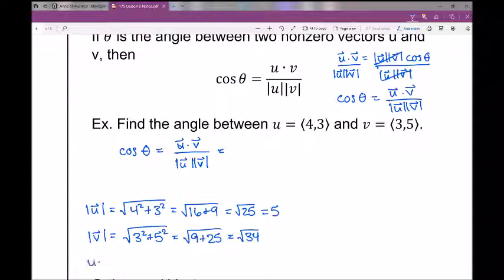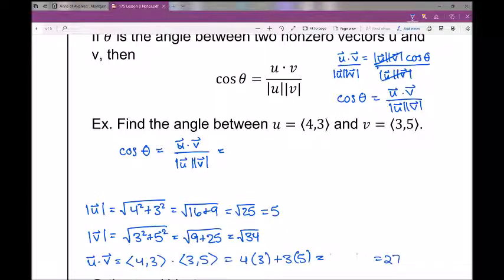The dot product of u and v is going to be 4, 3 dotted with 3, 5. So that will be 4 times 3 plus 3 times 5, which is 12 plus 15, which is 27.